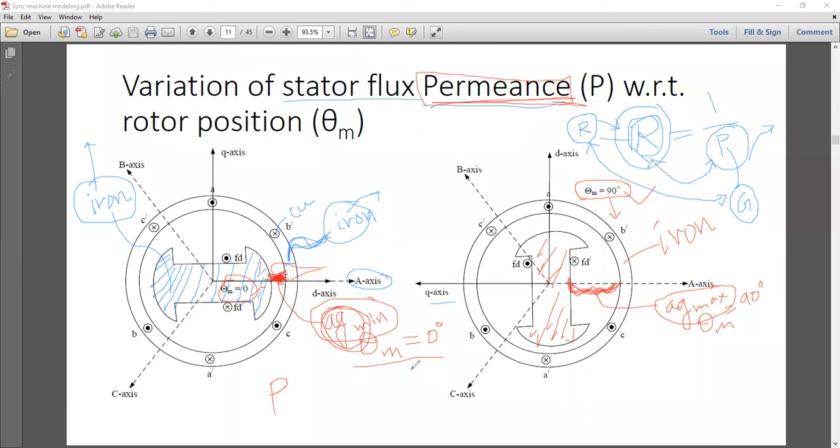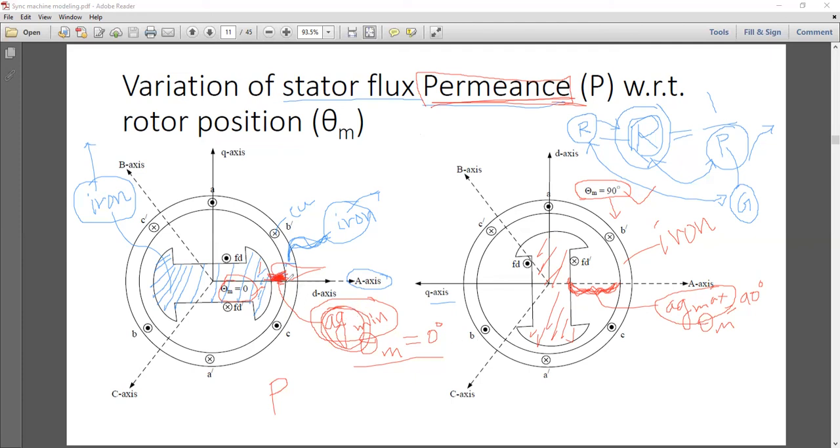Yeah, now it's clear. In which case the permeance is higher. When air gap is maximum or zero. Air gap is maximum or 0. Sorry, air gap is minimum or zero. Okay, air gap is minimum or 0.